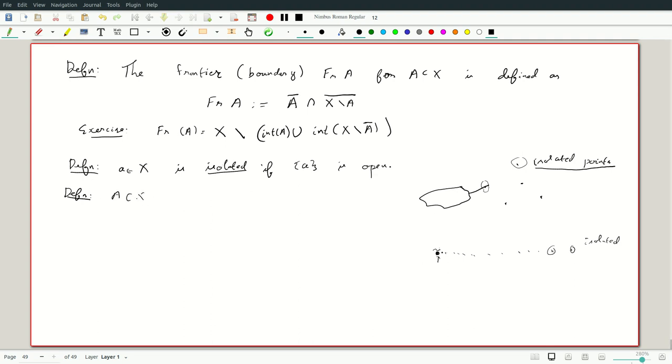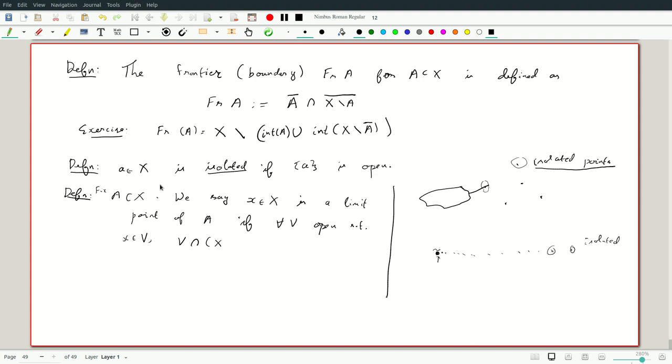So fix A contained in X. We say x in X is a limit point of A if for all open V such that x is in V, we have that V intersection (A minus the point x itself) is non-empty.